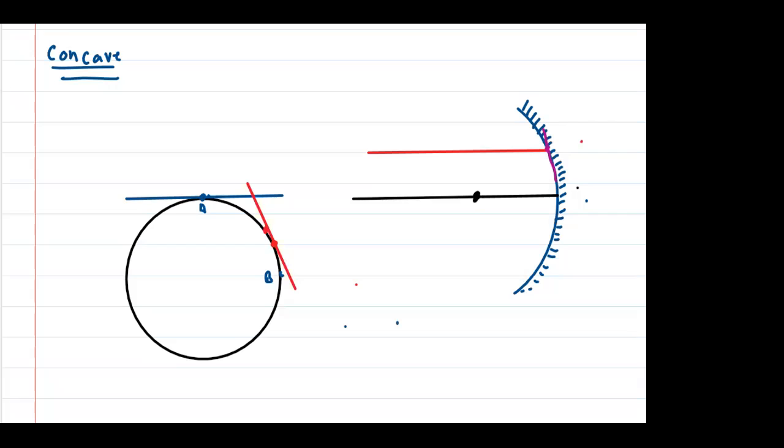Everyone is getting this concept now. So don't you think that at every point, this straight line is changing? Yes or no? Okay, very good. So what is the straight line called?